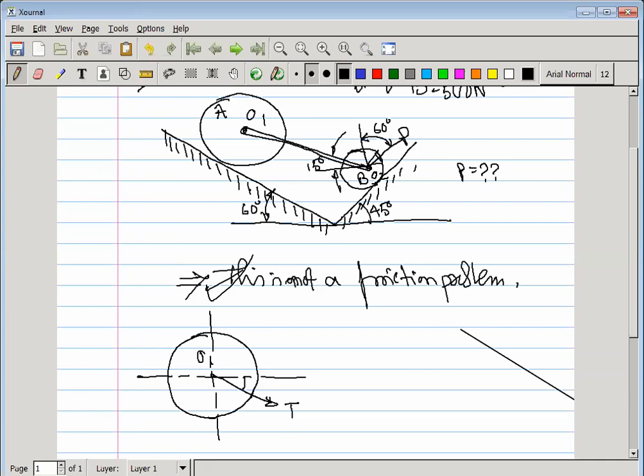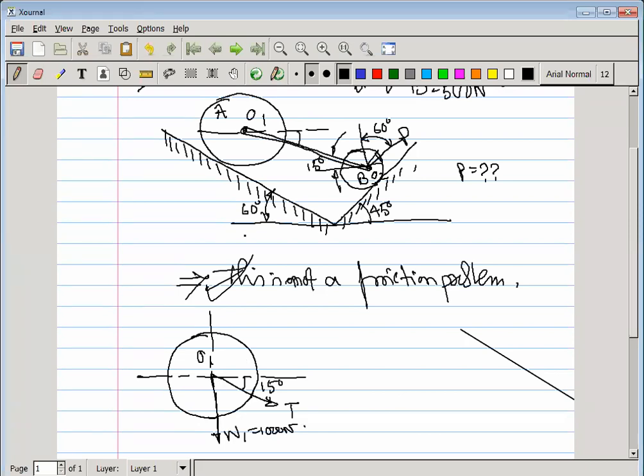This is 15 degree, it is given, right? Similarly, how much is this angle? Then same to same, this is also 15 degree, right? Now due to its own weight we can write W1, which is nothing but how much? 1000 Newton as per the question.